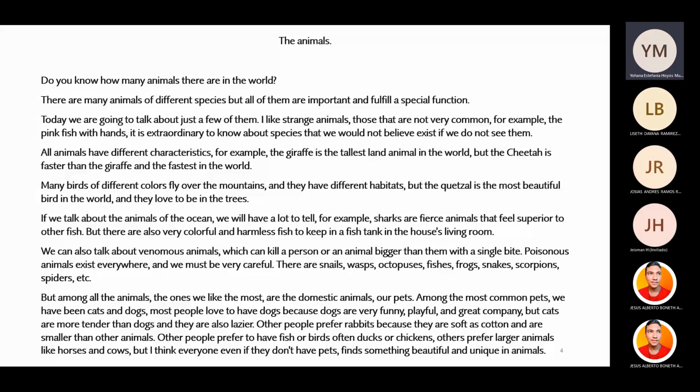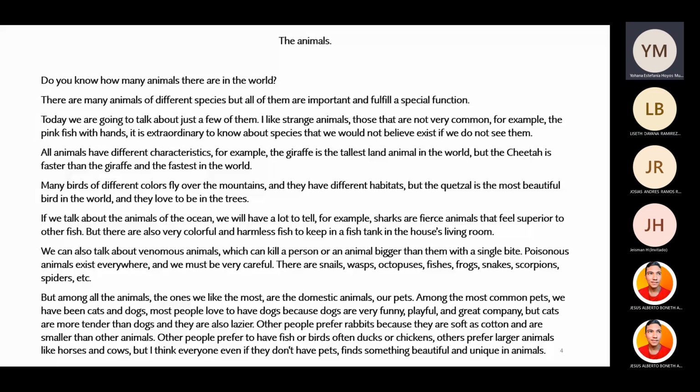The animals. Do you know how many animals there are in the world? There are many animals of different species, but all of them are important and fulfill a function. Today, we are going to talk about just a few of them.